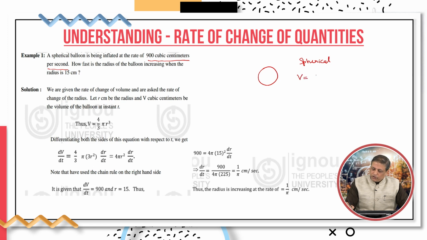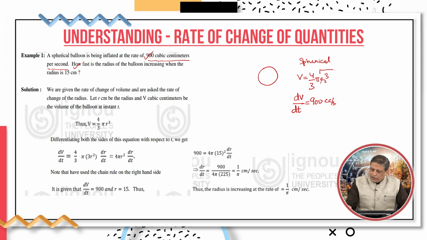So, the volume of the sphere is to be taken into consideration, and the volume of the sphere is 4 by 3 pi r cube. We are asked how fast the radius of the balloon is increasing when the radius is 15 centimeters, and we are given the rate of change of volume, 900 cubic centimeters. That means we are given dV by dt equal to 900 cubic centimeters per second.